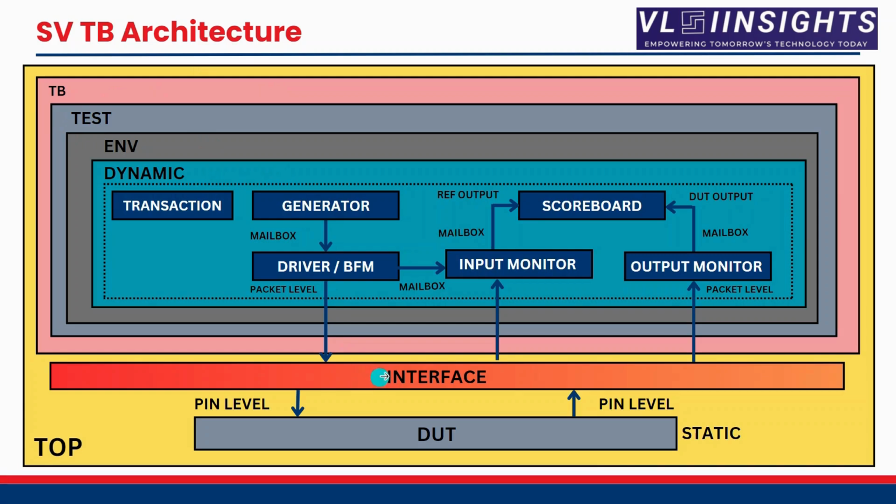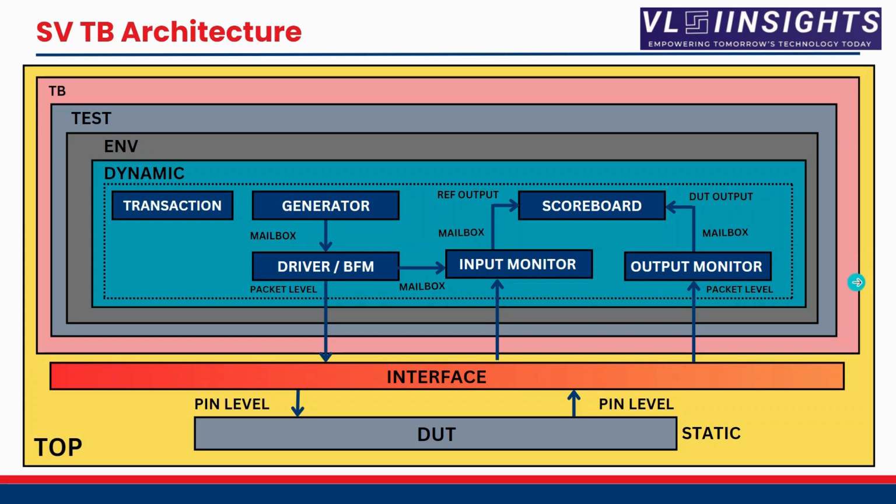So interface is also a static one, and I can't use this static interface inside the dynamic environment. So I'm going to use one concept called mailbox. Mailbox is a dynamic concept. That is why mailbox is used inside the test bench and interface is used outside the test bench. So this is about the SystemVerilog test bench architecture.